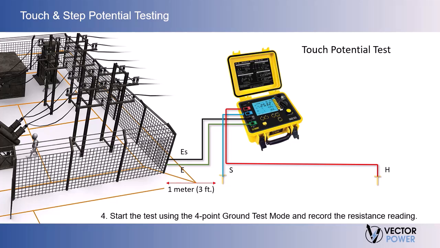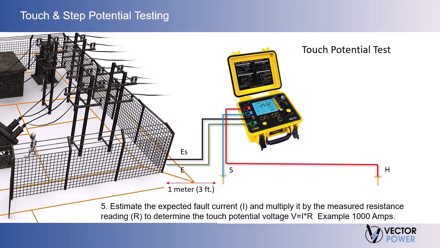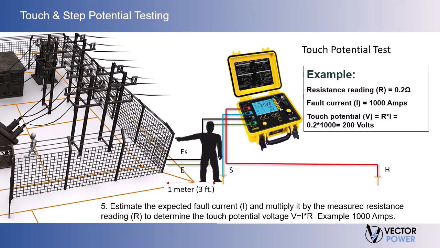Start the test using the 4-point ground test mode and record the resistance reading. Estimate the expected fault current and multiply it by the measured resistance to determine the touch potential voltage. V equals I times R. So, in our example, we will assume 1000 amps of fault current. A measured resistance reading of 0.2 ohms. That would then give us a touch potential of 200 volts.